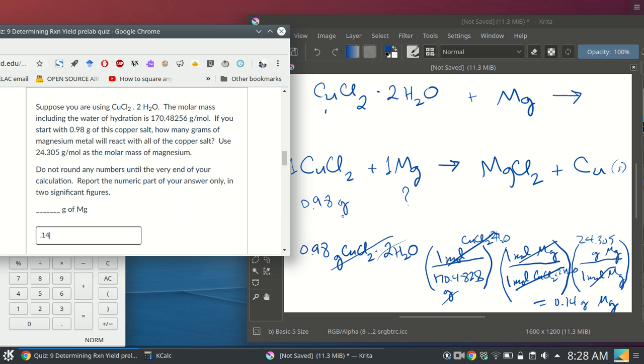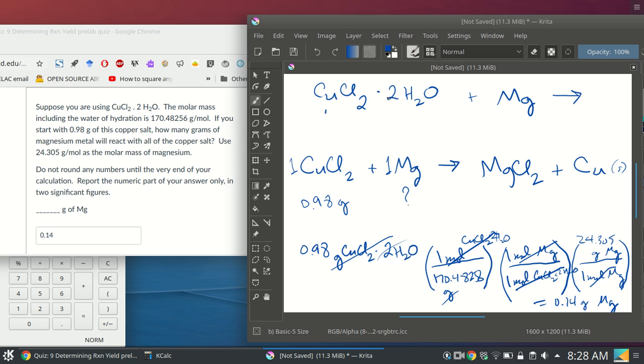That's the answer. So when you do this problem, folks, you will be calculating the number of grams of magnesium that you would need to react with all of your copper 2 chloride dihydrate. You're going to predict how much of this you need to react with all of your starting material. That's a prediction.